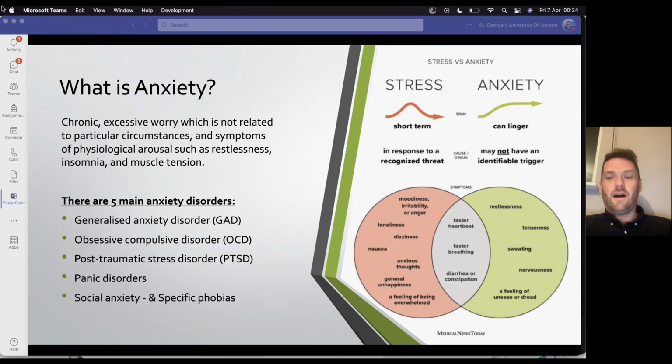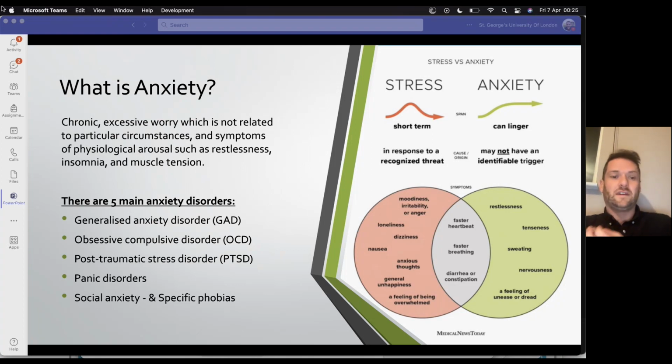Anxiety may not have an identifiable trigger, or if it does, such as, oh, I get really anxious when I'm talking to new people, or some people get really anxious in hospitals, you might have a trigger there, but it's not to an actual recognized threat. If you are someone with a huge amount of social anxiety, you could be in a room full of people who only think positive things about you and are only showing positive social cues.